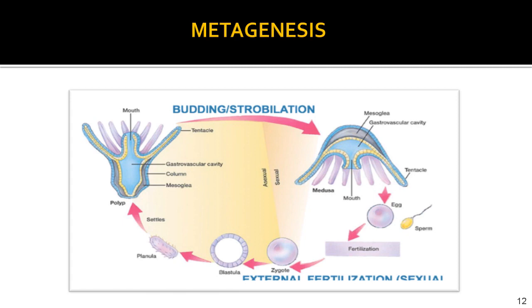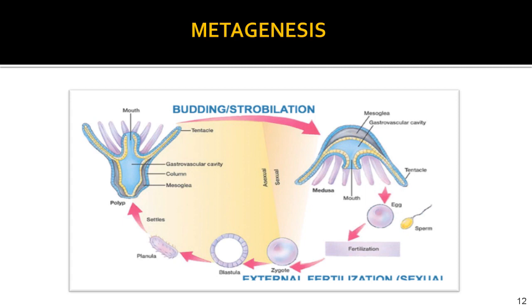So this detached tentacle now becomes a medusa form, umbrella shape. That is known as the medusa form, right? Now this medusa is going to produce gametes such as egg cell as well as sperm cell. Can you watch there? The egg cell and the sperm cell are going to fuse now with the process of fertilization.